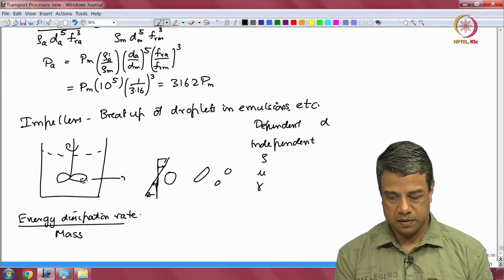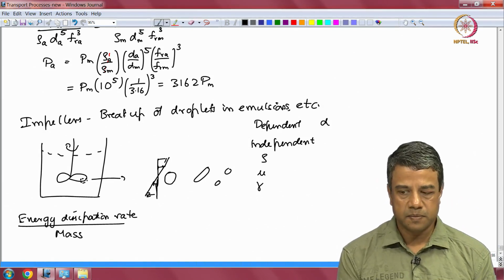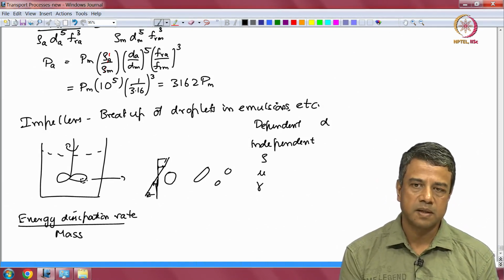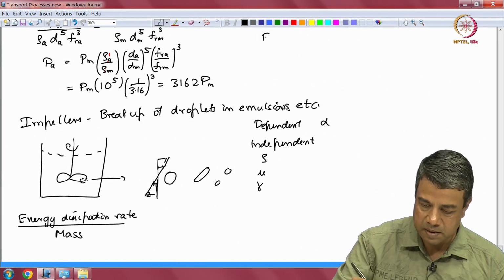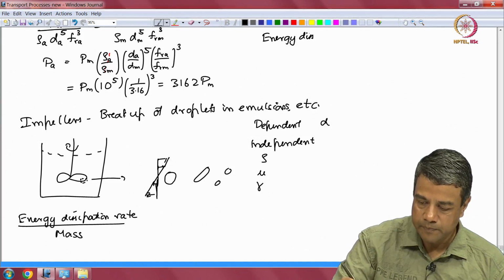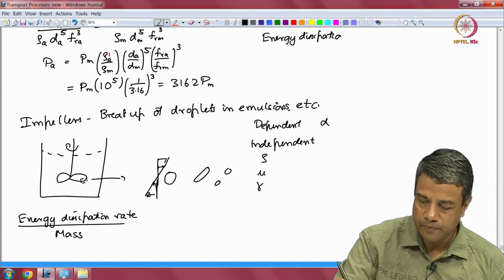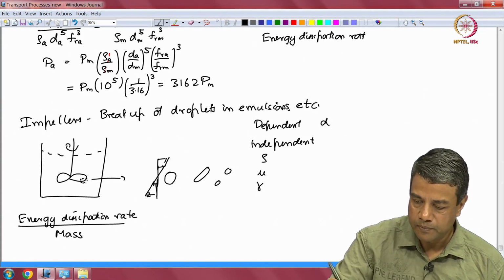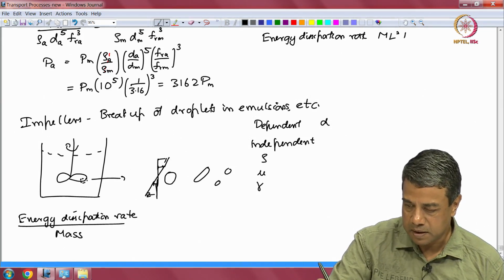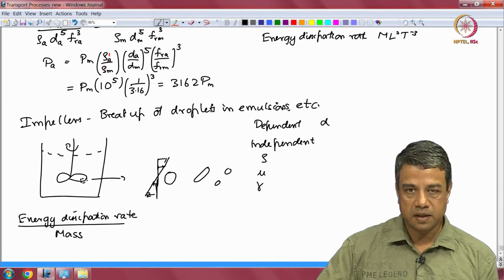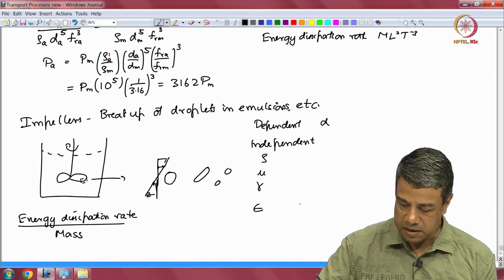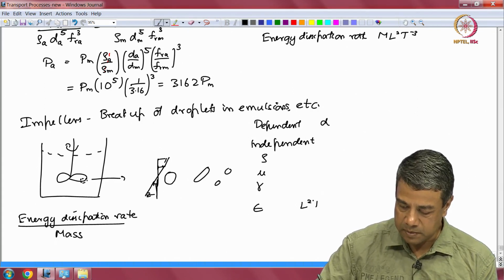Energy dissipation rate has the same dimensions as power, M L square T power minus 3. Therefore, the energy dissipation rate per unit mass has dimensions of L square T power minus 3.